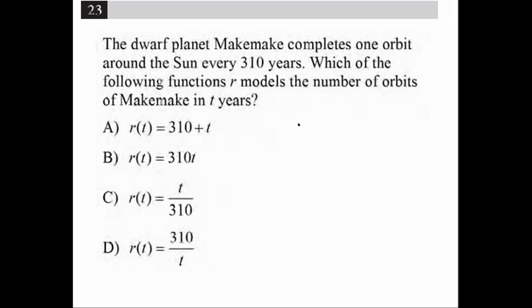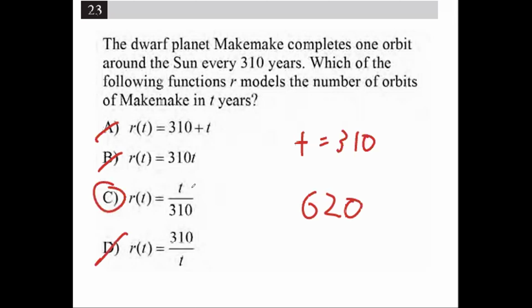So that means when t equals 310, the function has to equal 1. 310 over 310 is 1. So it's either C or D. For D, let's say that in 620 years, it should complete two orbits. So 310 over 620, that's only half. So the correct answer is C. 620 over 310 is 2, so it does complete two orbits. So the correct answer is C.